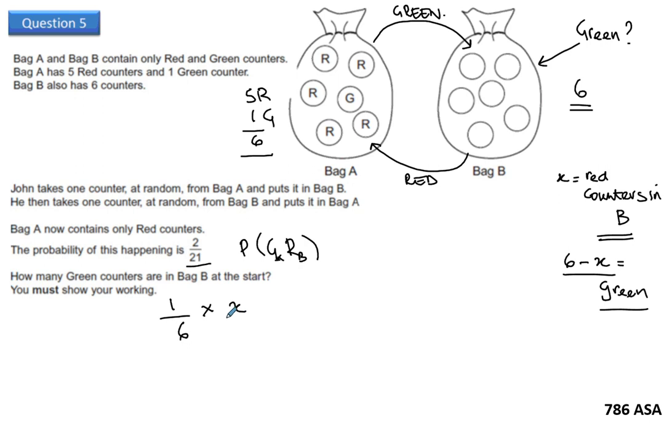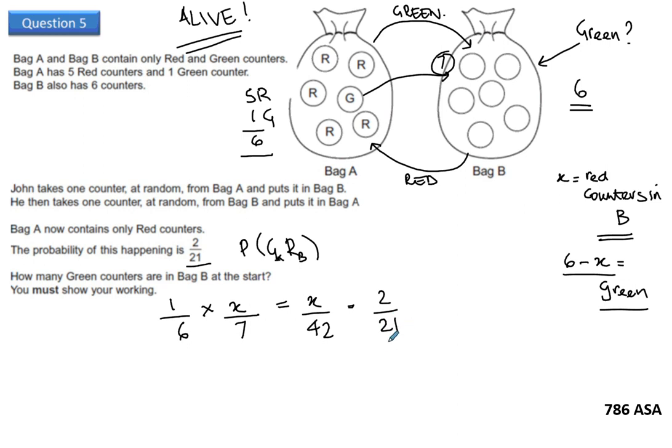So we've got X over, but now, because we took 1 green there, we have a total of 7 counters in here. So it'll be times X over 7. That's why it's so important to draw, so important to make your diagram come alive. That's where the logic kicks in. So we've got X over 42 equals, and we've been given the probability 2 over 21.